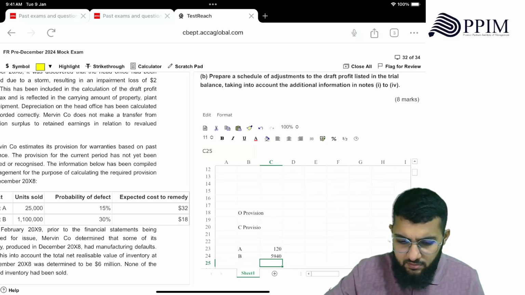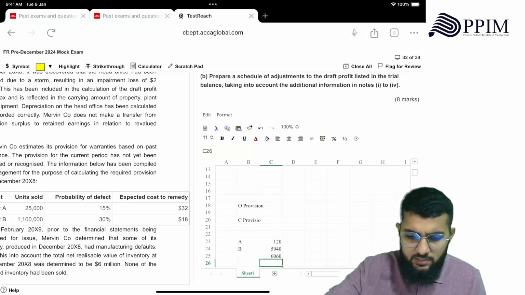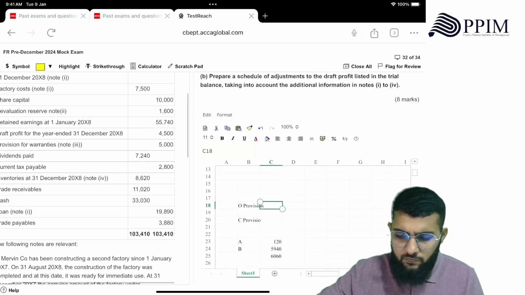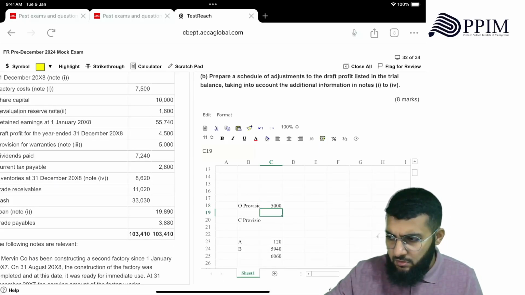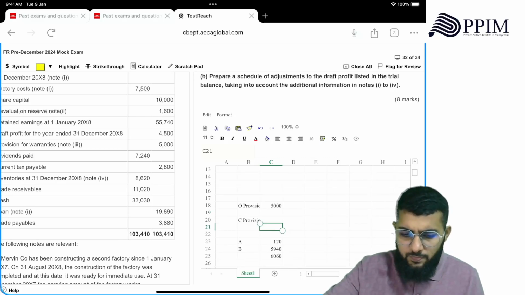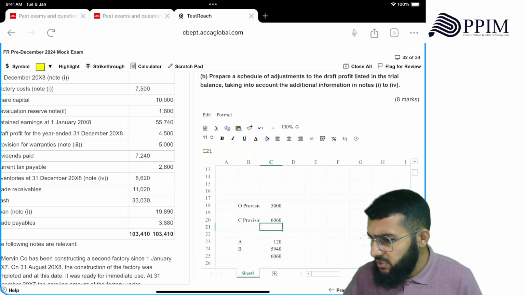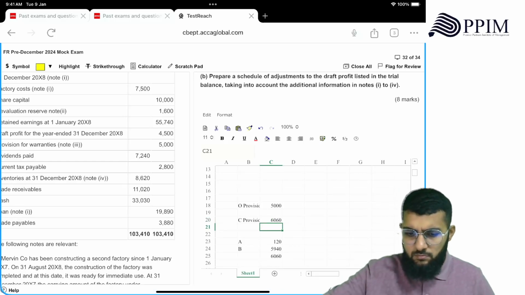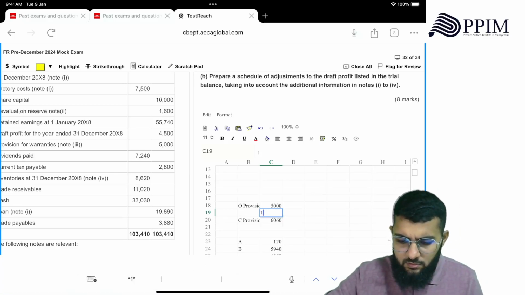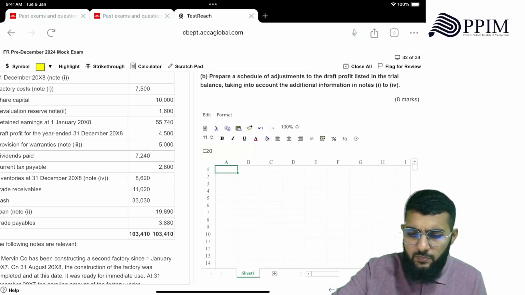How much is that? This plus this, 6,060. How much is the opening provision? They've given the opening provision here, 5,000. Closing provision 6,060. So what is going to be the provision for the year? Difference 1,060, right? 1,060 is the provision for the year.